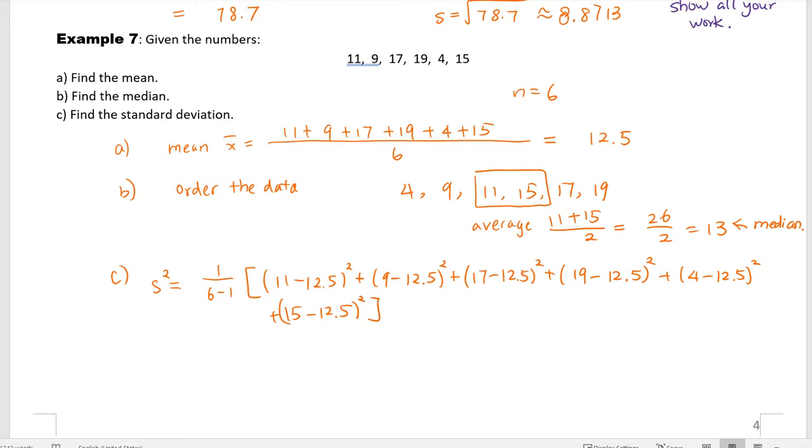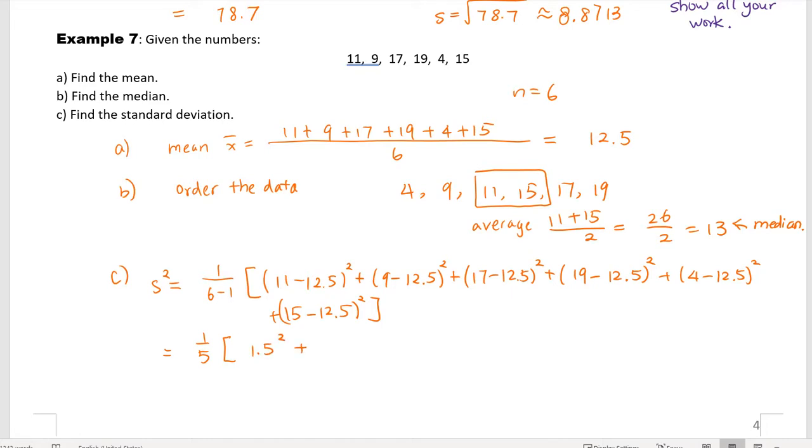Well, that's a lot to plug in the calculator. So before I plug in the calculator, I want to simplify. Okay? And here 11 minus 12.5 is negative 1.5, but negative square becomes positive.